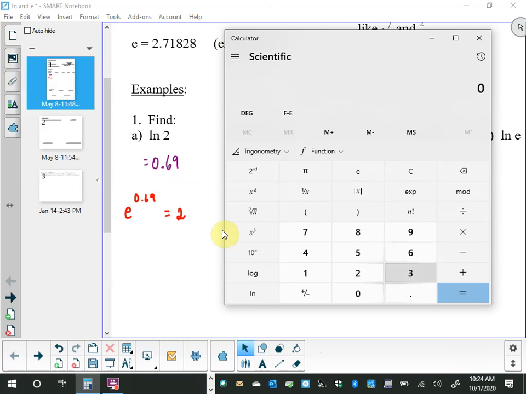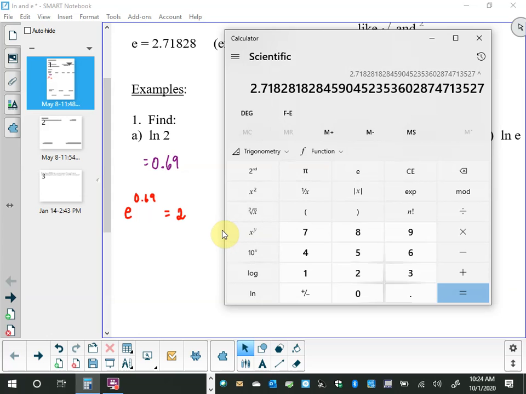So if I put in the 0.69 and then hit my E button, which is programmed to know that the 0.69 is an exponent, I get approximately 2. That's wrong. This E button is funny. So I have to take that, use an exponent, and put on 0.69. And there, that's almost 2.